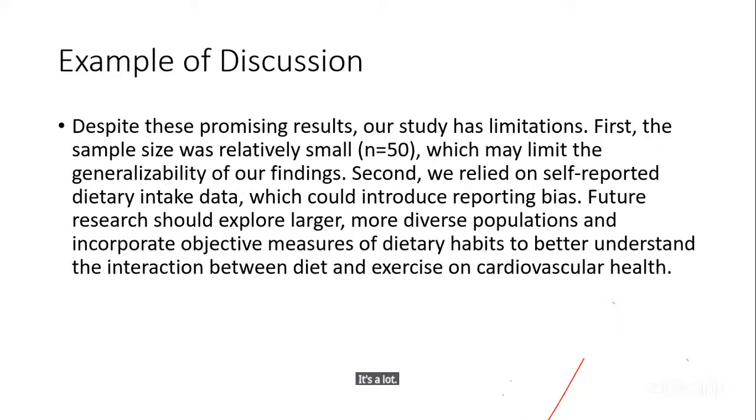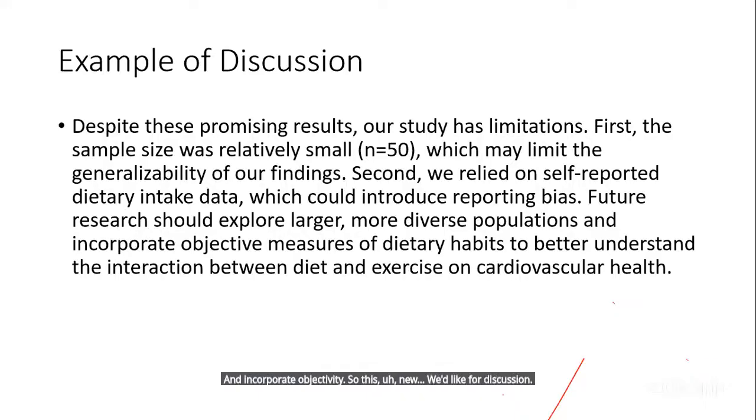So despite the promising results, our study has limitations. You understand now. First, the sample size was relatively small, which limits the generalizability of the findings. Second, we relied on self-reported dietary intake, which introduces reporting bias. Future research should explore larger, more diverse populations and incorporate objective tracking. So this is the way we write a discussion.